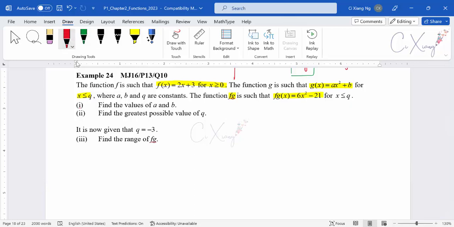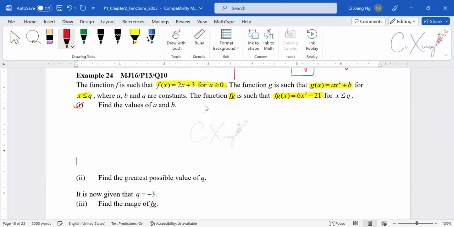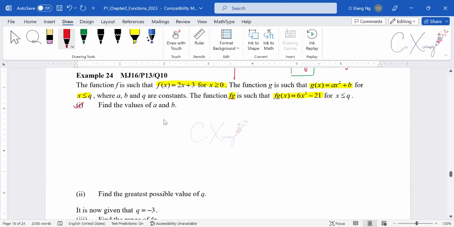For the first part of the question, find the values of a and also b. To find the values of a and b, we can start with the composite function given first.